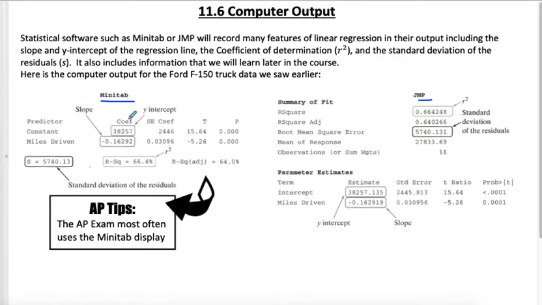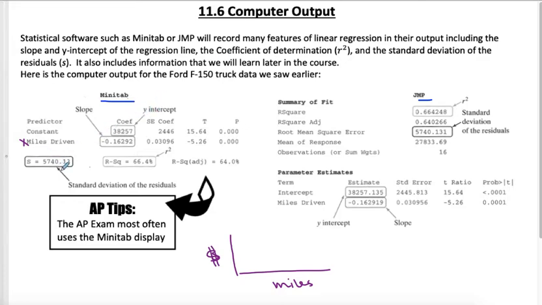Here's the coefficient for the constant, and here's the coefficient for the miles driven. That's our x coefficient. Remember, this is about the miles driven and then the price that we had. So x is the predictor for the price overall. Our coefficient for the constant, our b term, would be the y-intercept.